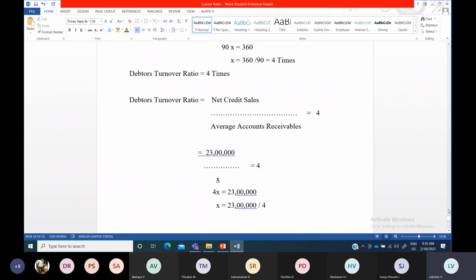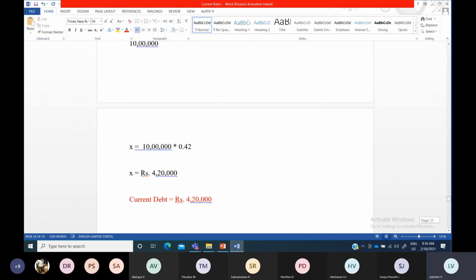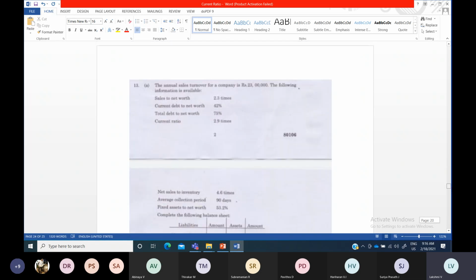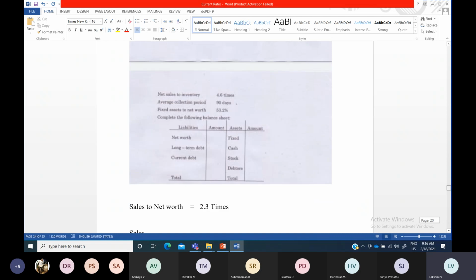So moving on to the next part of our question. What else do we have to calculate? See here, average collection period; with that I have calculated the debtors amount. Next, moving on to fixed assets to net worth. They have given us 53.2%.